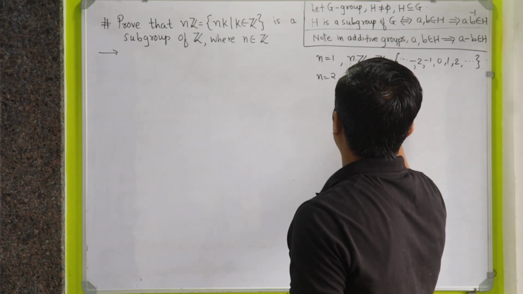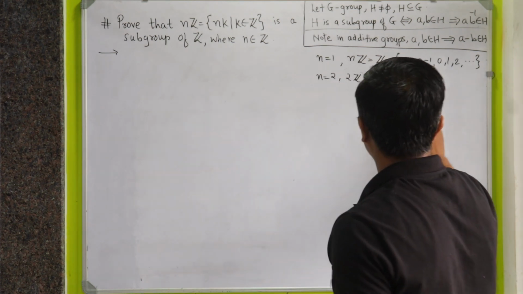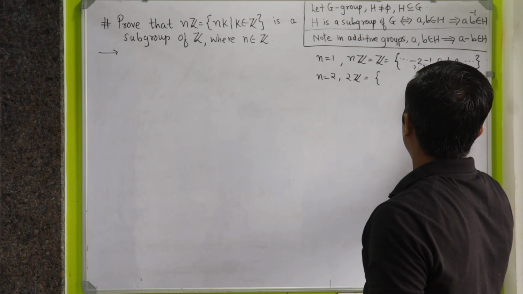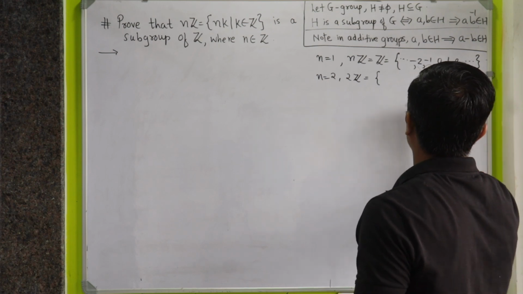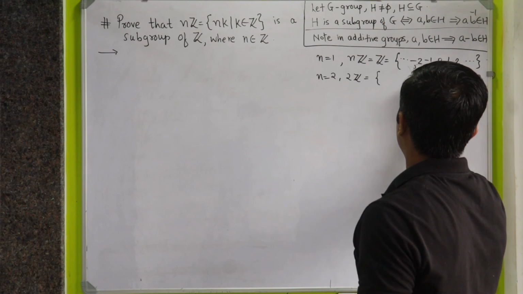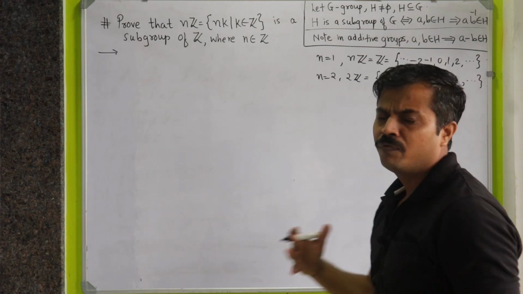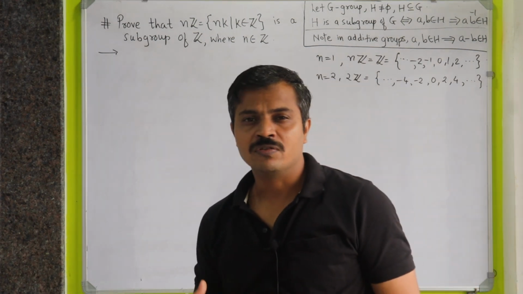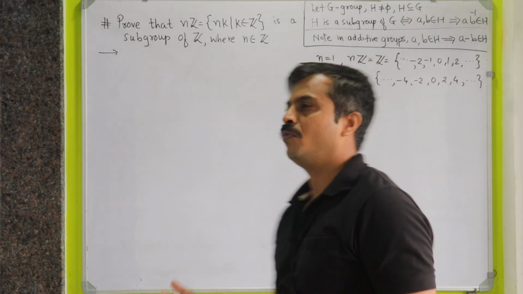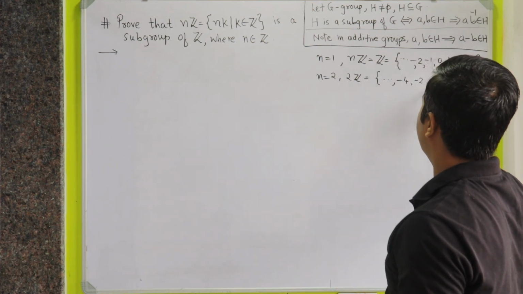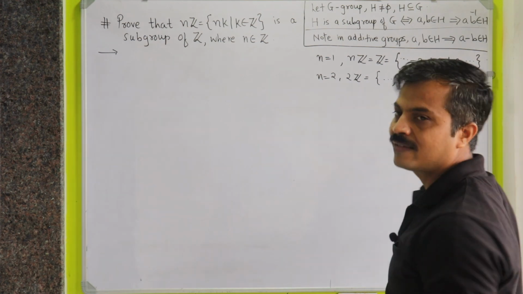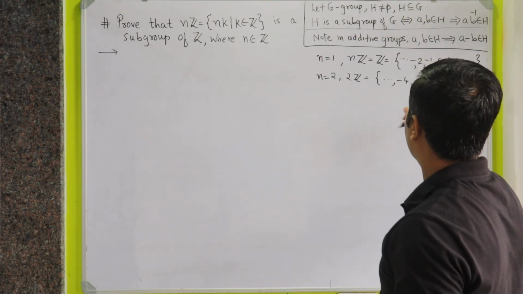So, 2Z will be the collection of what? This will be 0, 2, 4 and so on. On the negative side, minus 2, minus 4 and so on. So, basically we are taking multiples of 2 here. We have to multiply each and every element of Z by 2. That is exactly what I have done.